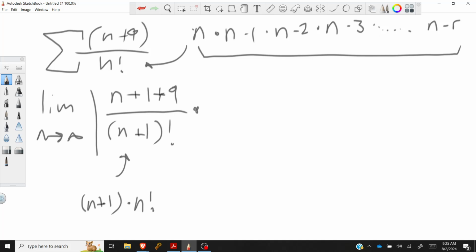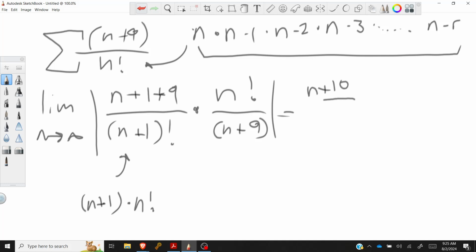But since it is a fraction, I'm just going to multiply by the reciprocal. So I'm going to multiply by n factorial over n plus 9. So this is equal to n plus 10 over n plus 1 times n plus 9.